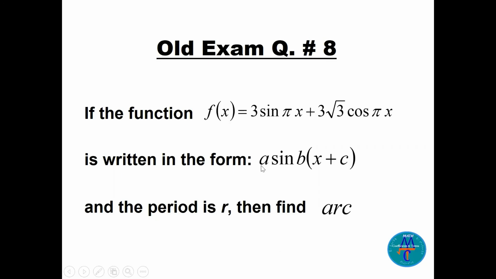If it is written in this form, a sine of bx plus c in the bracket, and the period for this function is r, then find a times r times c. b is there, but we don't use it in the answer.